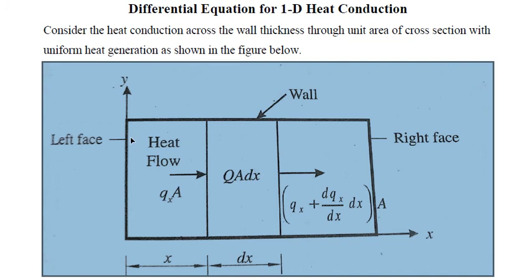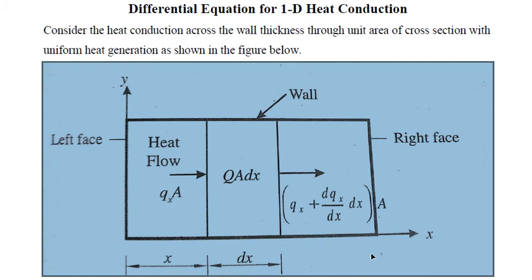Even though the wall which is seen here is like 2D, it is like a plate, but still the analysis is 1D because the heat is flowing in one direction. Okay. Now let us consider a small elemental length dx.